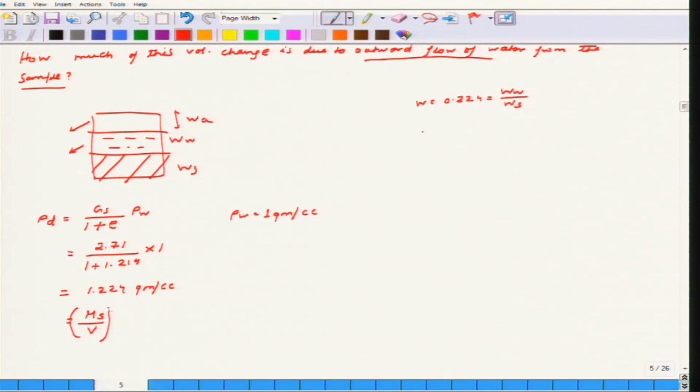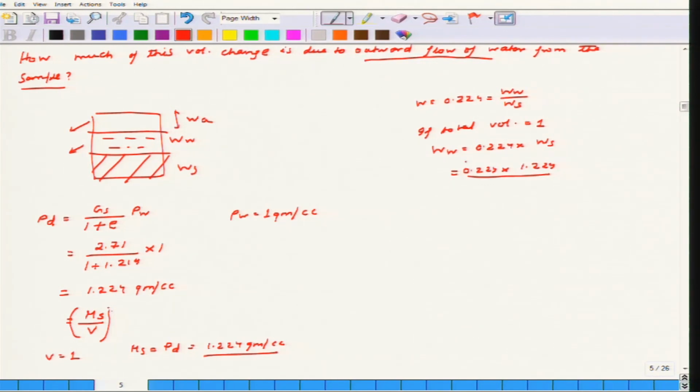If the total volume is equal to 1, then the weight of water can be written as 0.224 into weight of solids, which is 0.224 into 1.224, because the volume is 1. So the mass of the solids is equal to rho d, which is 1.224 gram per cc.